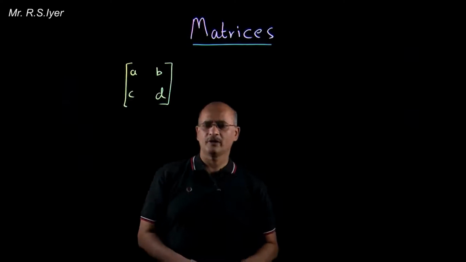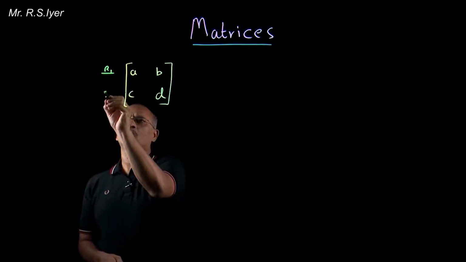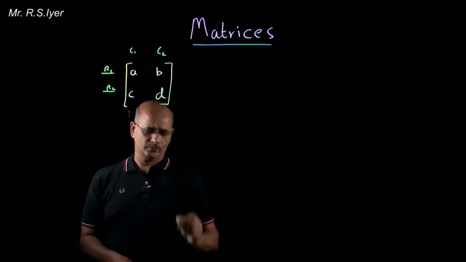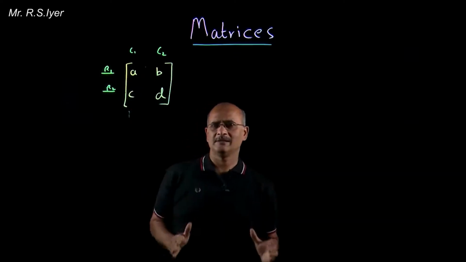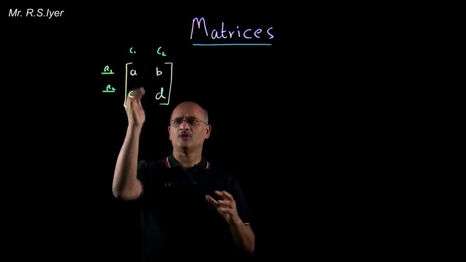What is important for you to know? There is row 1, row 2, column 1 and column 2. This is what you need to understand and remember, that a matrix is nothing but an arrangement of elements in terms of rows and columns.